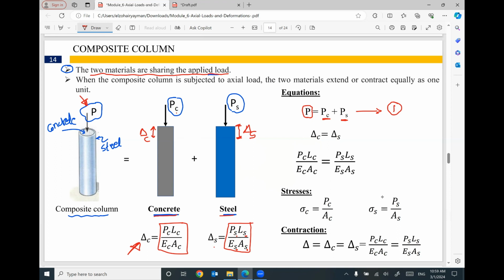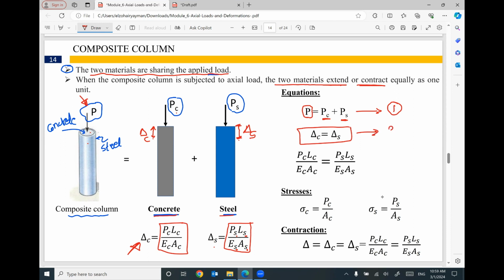But keep in mind, composite column means the two materials working together as one unit. So in the composite column, the two materials will extend or contract equally as one unit. So the amount of contraction in concrete and the amount of contraction in steel must be equal.